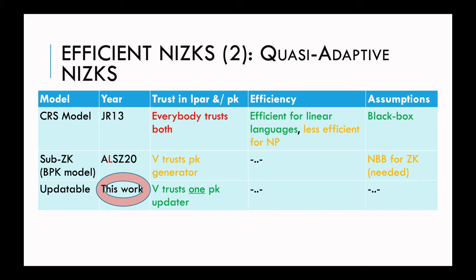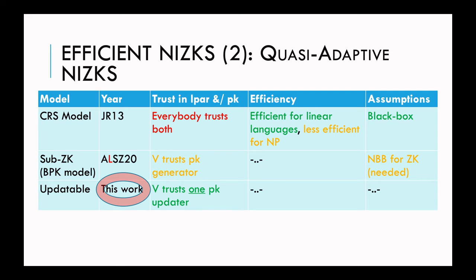In the case of KNIZKs, we have a similar history, but just everything has been happening a bit later. There was first a KNIZK for linear subspaces in the CRS model, where everybody trusts both the language parameter and the CRS generator.